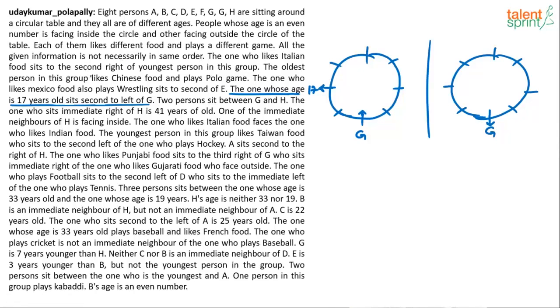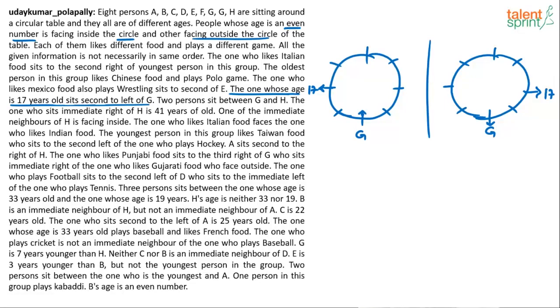Even guys face inside. Just keep that in mind because that's going to be a very important rule all through: even age face inside, odd age face outside. Now in this case, G is facing outwards. So the one whose age is 17, second to the left of G, first and second, this will be 17. Again the same rule, since it is 17, facing outwards. So that clue is done.